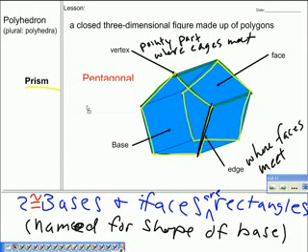It's a pentagon. So this is called a pentagonal prism, because its bases are pentagons.